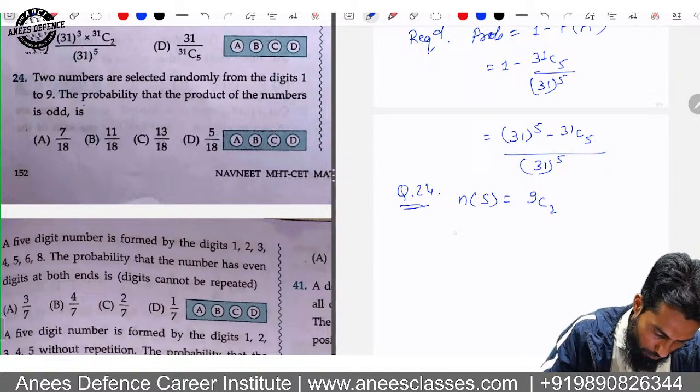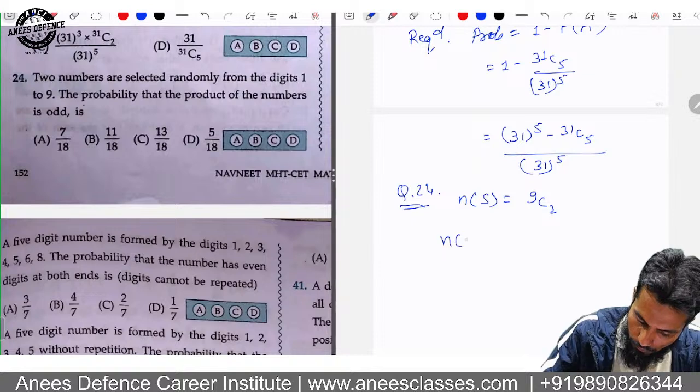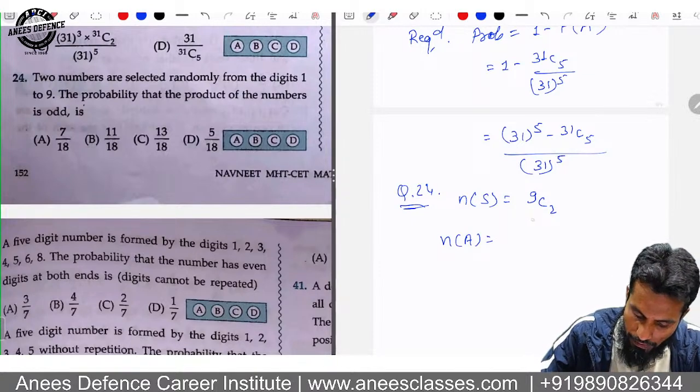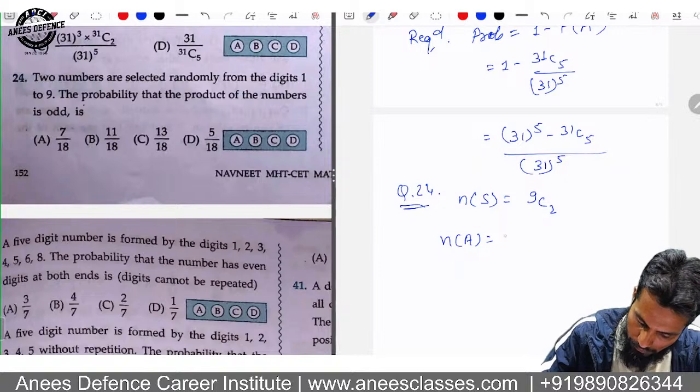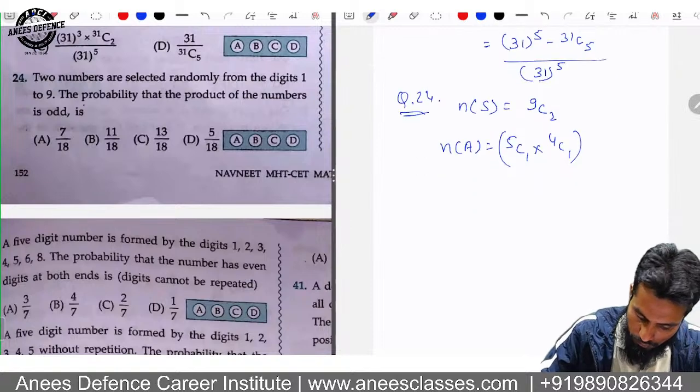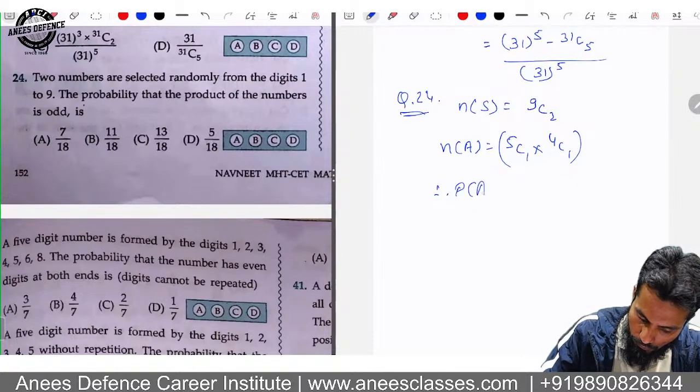Then n of A should be equal to, there are 5 odd and 4 even, right? So 5C1 multiplied with 4C1. Therefore, probability of A is equal to 5 multiplied by 4 divided by 9 into 8. 4 into 2, 8. So 5 by 9.